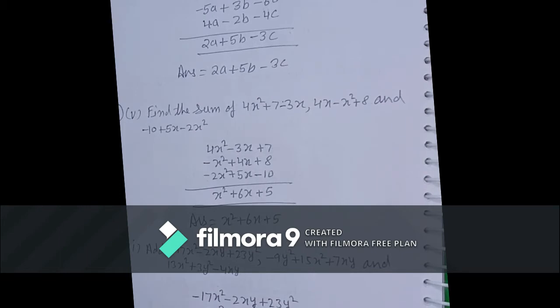Plus 7xy gives plus xy. 23y square plus 3y square gives 26y square. 26y square minus 9y square gives 17y square. So your answer is 11x square plus xy plus 17y square. So in that manner you can do these three sums.